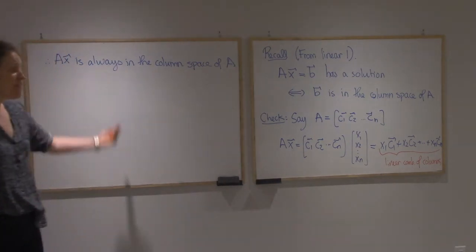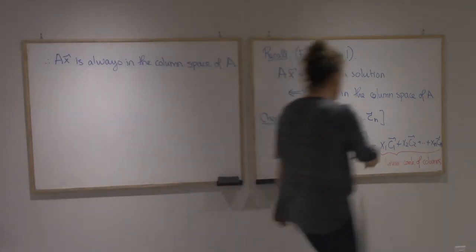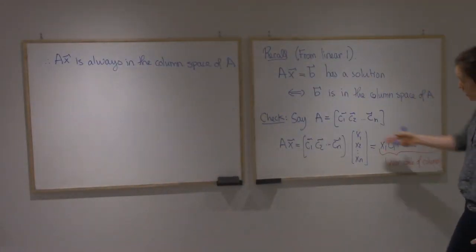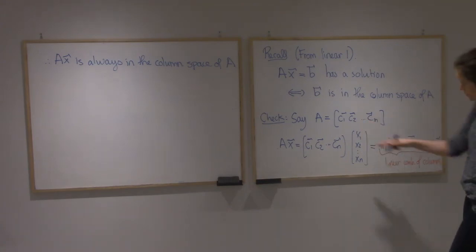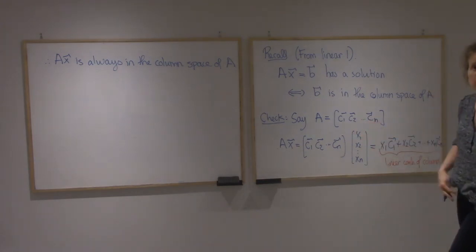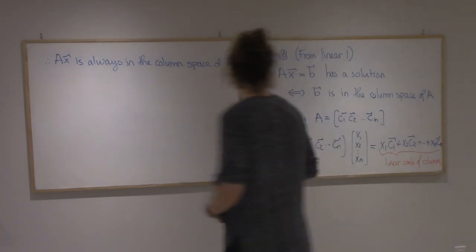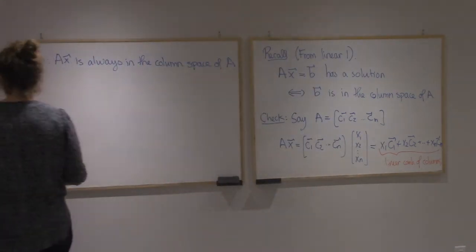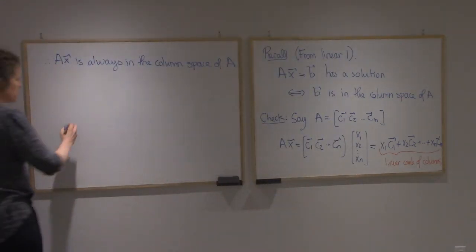In fact, it's going to be everything in the column space, because if I can write something as a linear combination of the columns, the coefficients in front of the column vectors will give me my solution x. All right, so that gives us a picture.